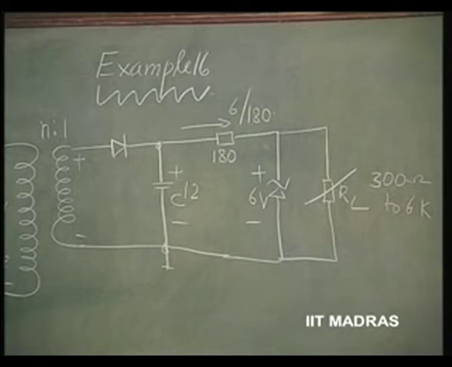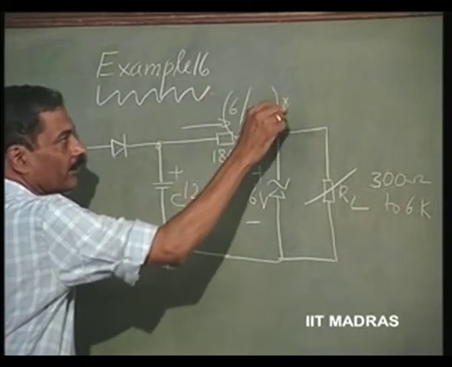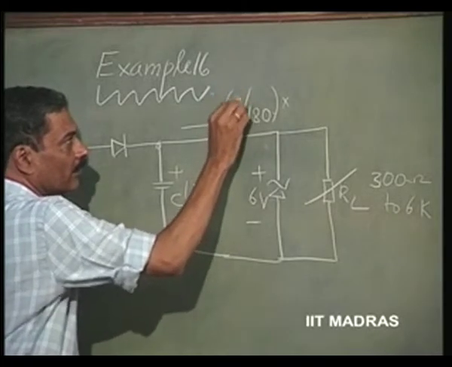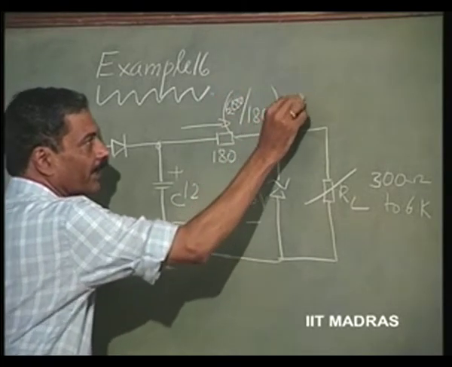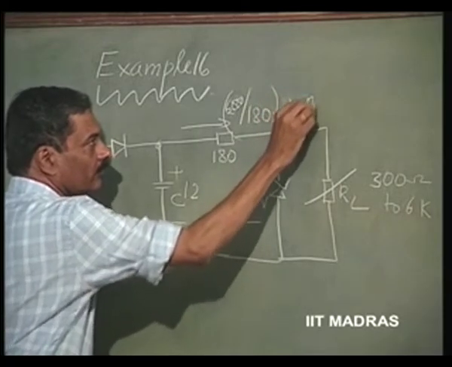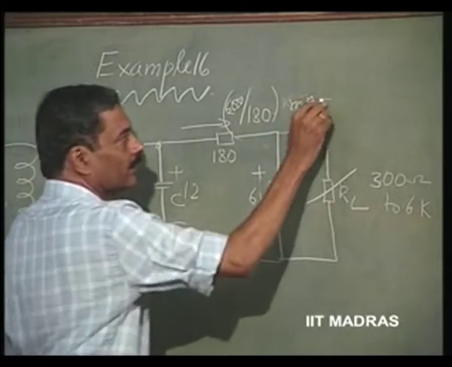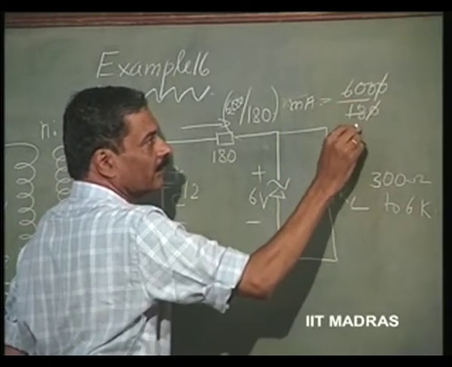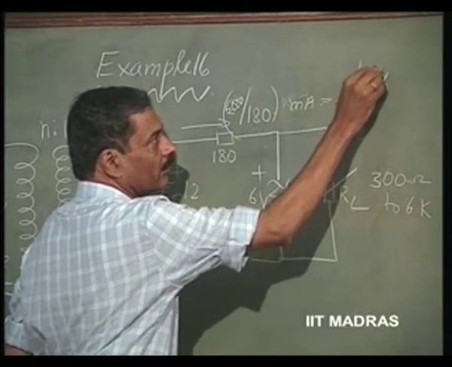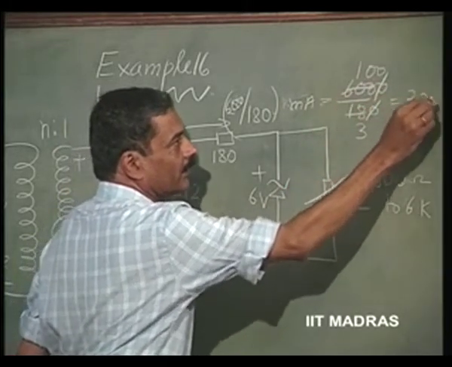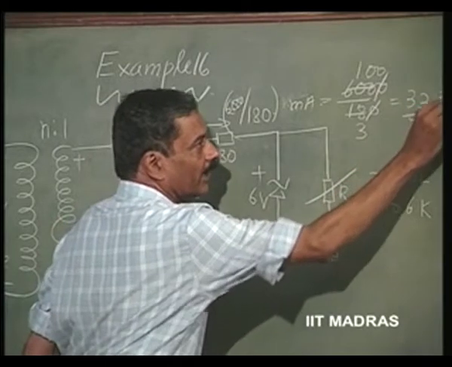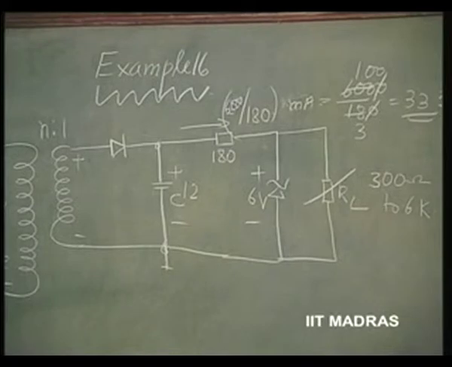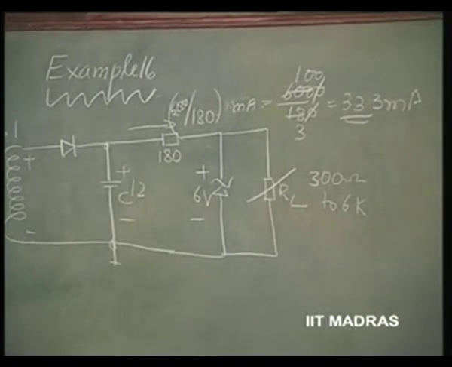So many amperes, or this into 1000, 6000 by 180 milliamperes. That is 33.3 milliamperes.